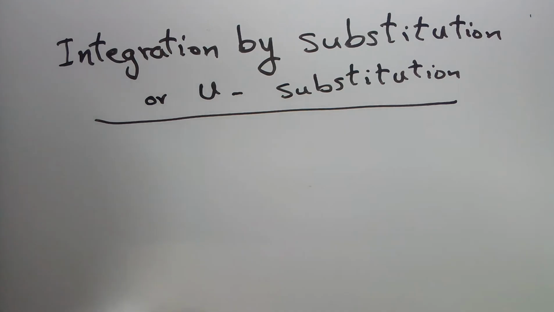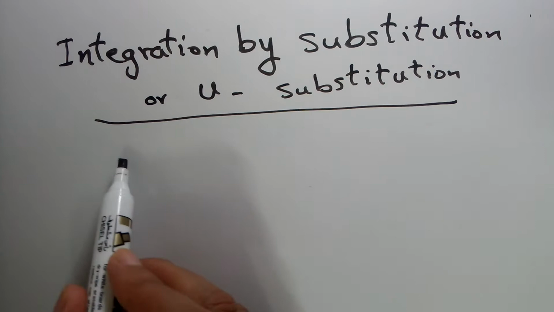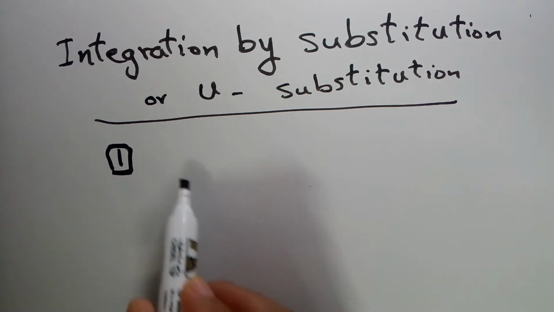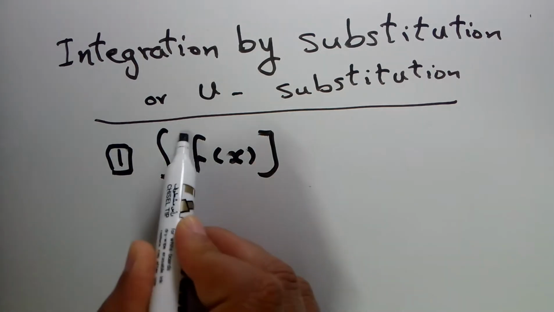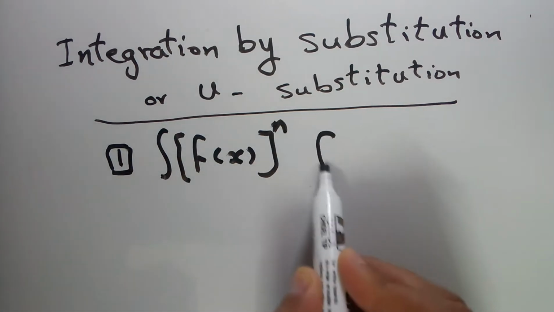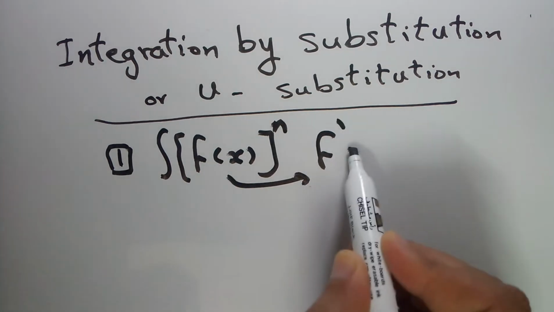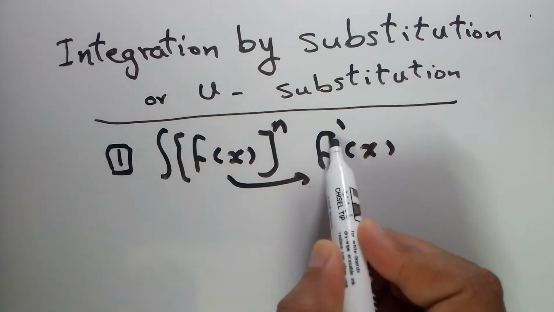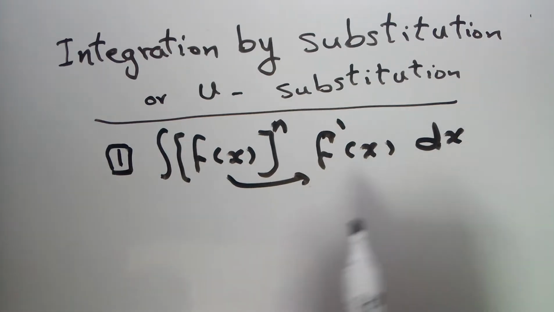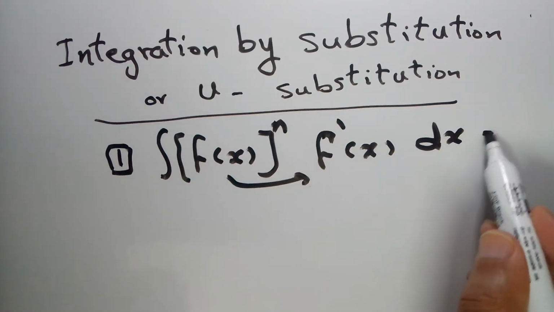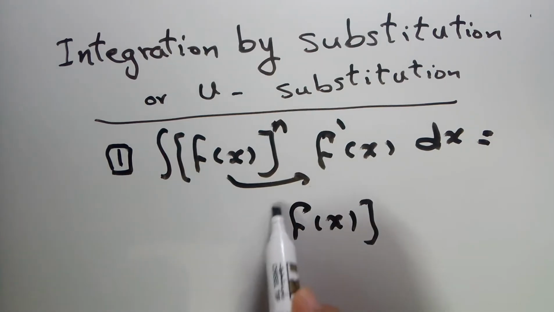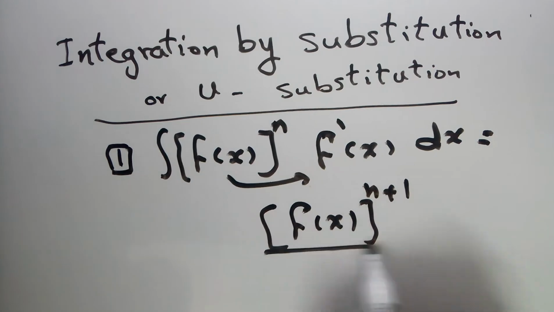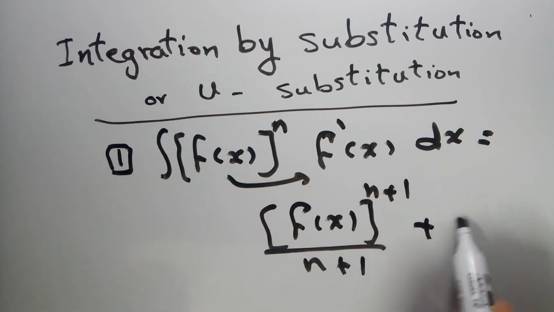This type of integration applies to the product of two functions. We have a rule: the integral of f of x raised to the power n, multiplied by the derivative of this function, f prime of x, with respect to x, will be f of x all to the power n plus 1 divided by n plus 1, plus c.